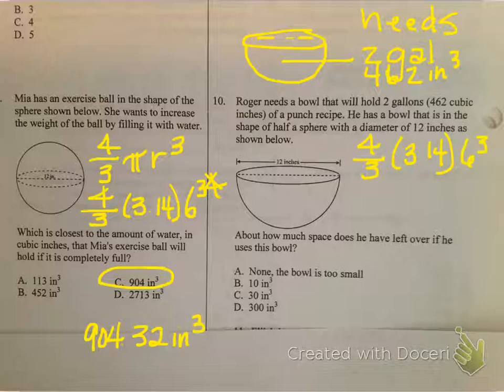So when you go ahead and multiply that out, you get 904.32 inches cubed. It's not a whole sphere, it's a half sphere, so I have to divide by 2, and I get 452.16 inches cubed.